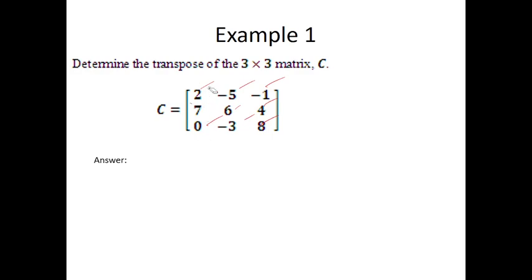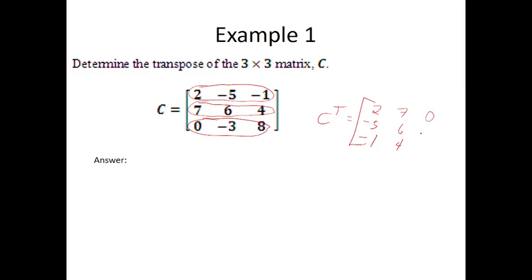In this example, 2, negative 5, negative 1 are in the first row. Now we will write them in the first column. For the second row, we will write them at the second column. And for the third row, third column. Okay?